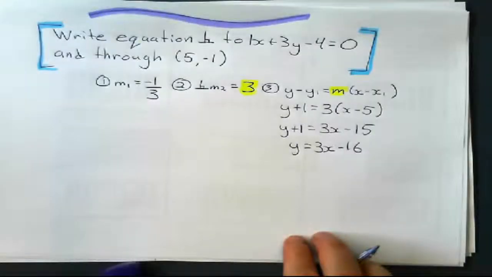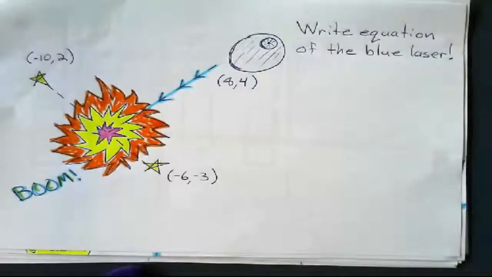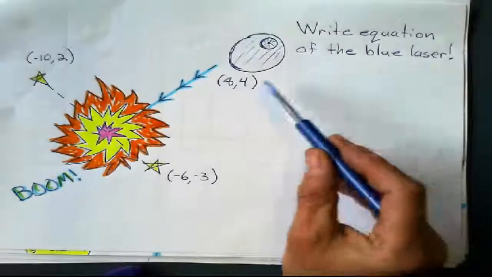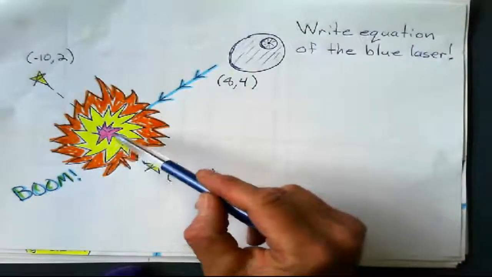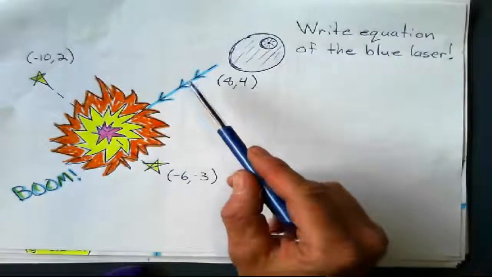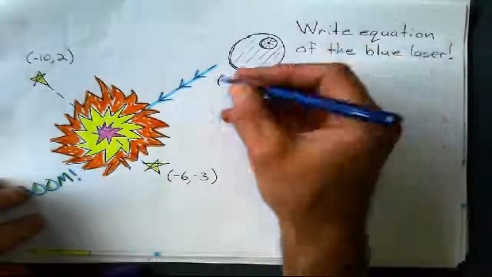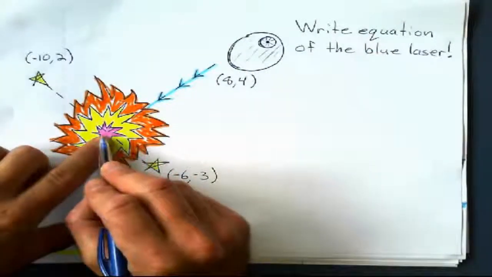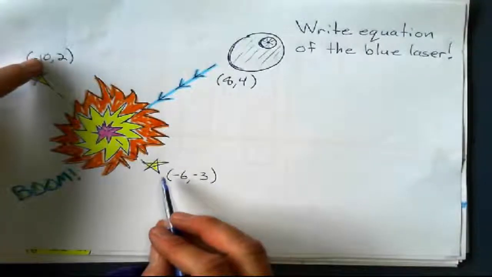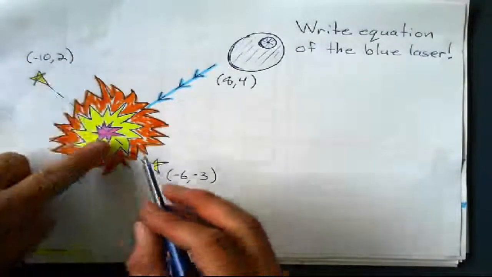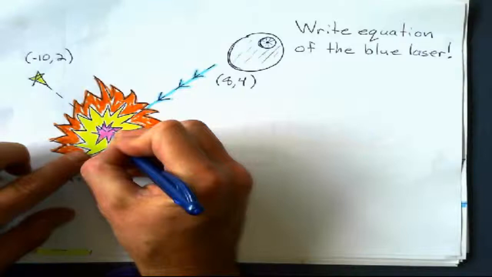Okay, alright, what about this one? Write an equation of the blue laser blowing up whatever it's blowing up. My steps are the same. First of all, I don't know what that point is, and I don't even know what the equation is of that line right there. Let's say they are perpendicular inside that explosion.